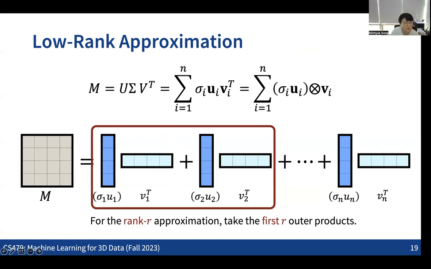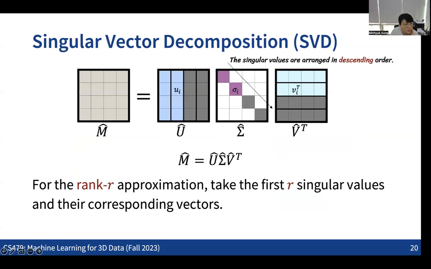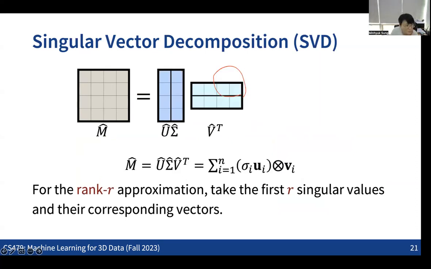This is a very simple idea. So how can we do a low-rank approximation of the given matrix? Once we get the SVD, we can take the first R singular values in descending order, and also the corresponding singular vectors.